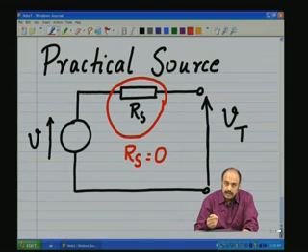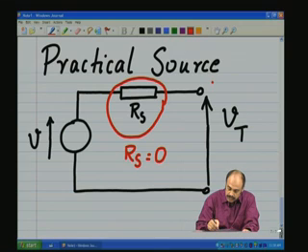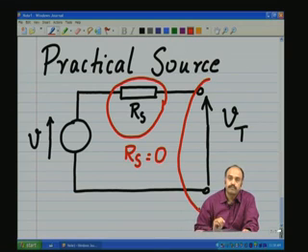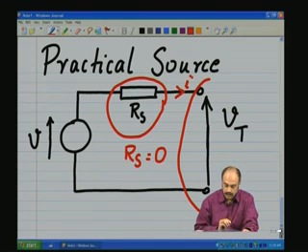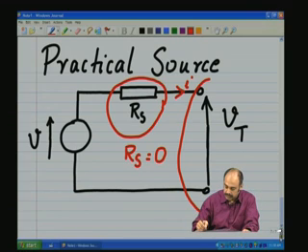So now the VI characteristic has to be seen with respect to this point. So it should be Vt versus the current I which is flowing here. Now let us have a look at the VI characteristic of some practical sources.